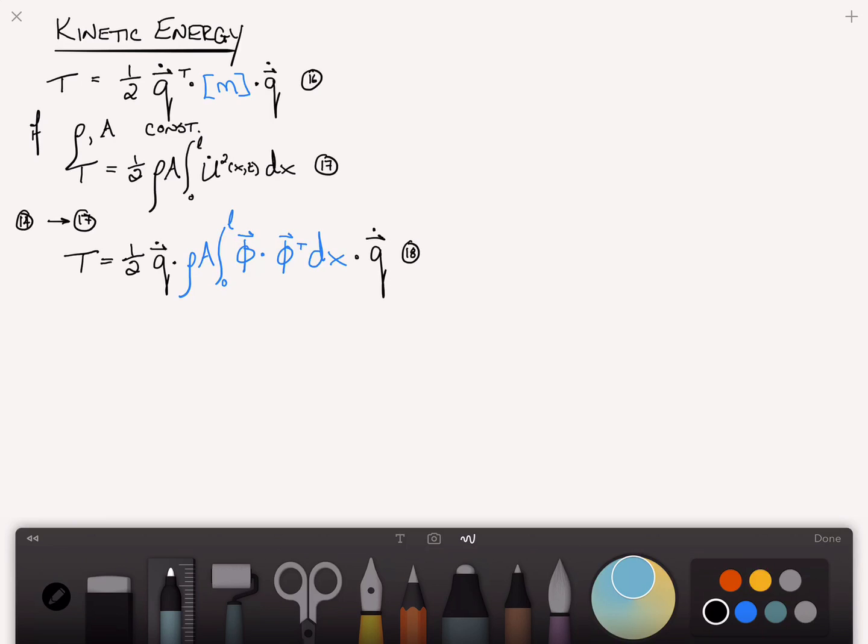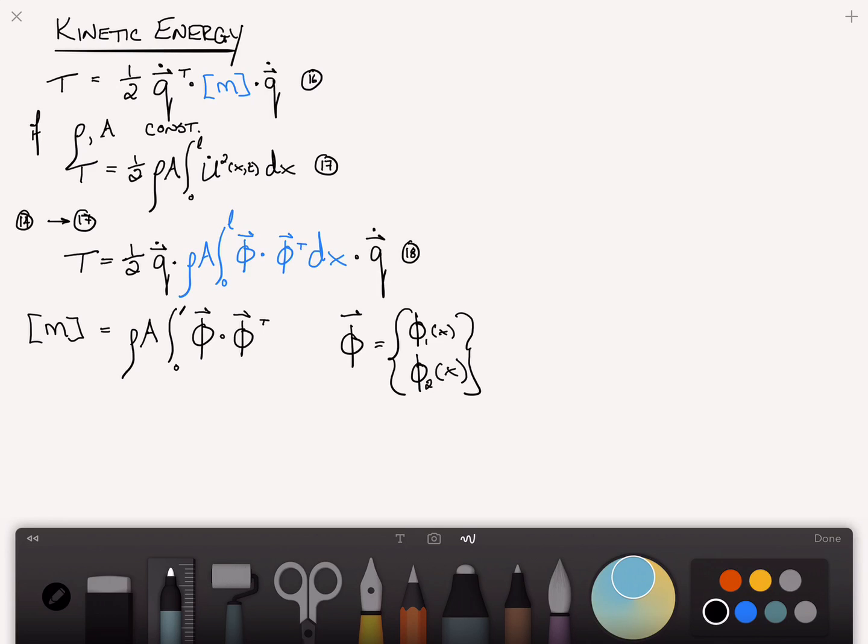So your mass matrix can be written as rho a times the integral from 0 to L of phi times phi transpose dx. Remember phi, I'll write it here and then just delete it, is just equal to phi 1 of x, phi 2 of x.